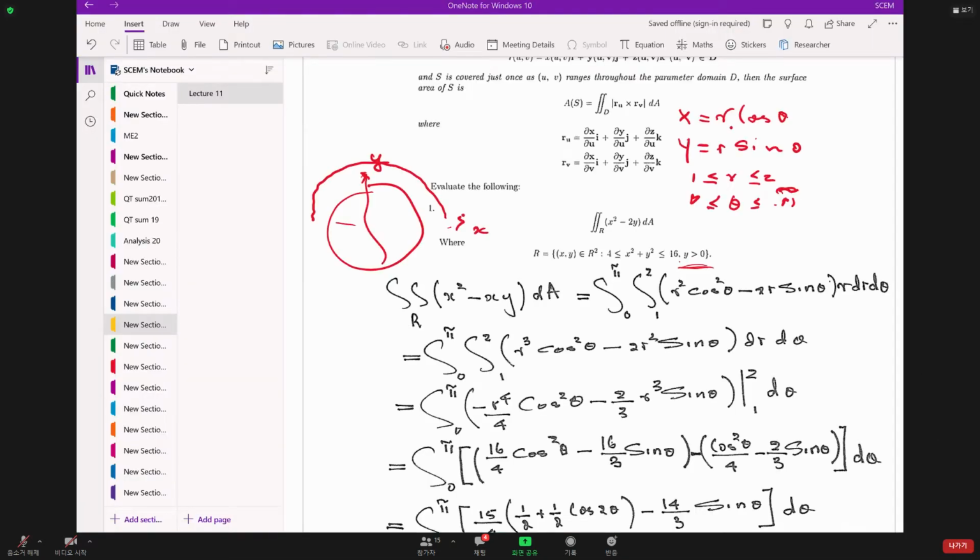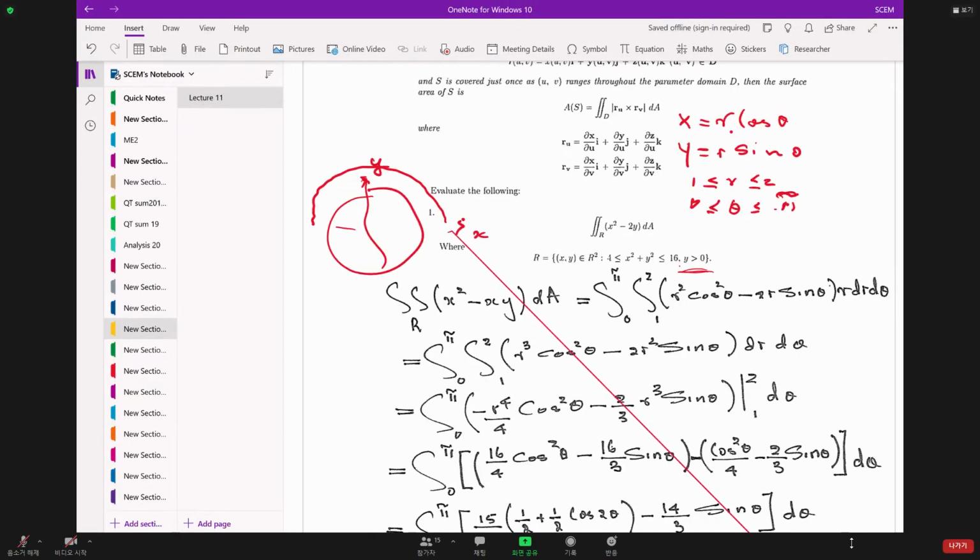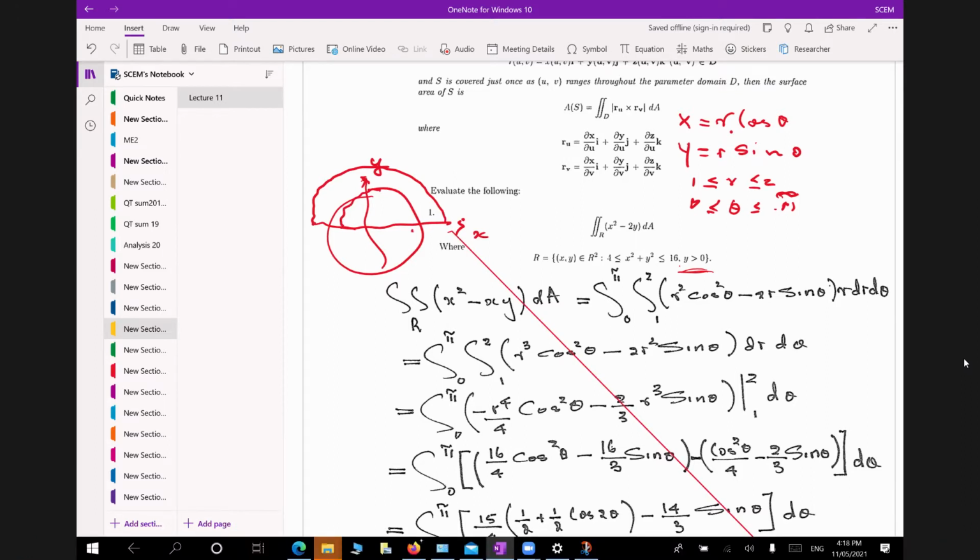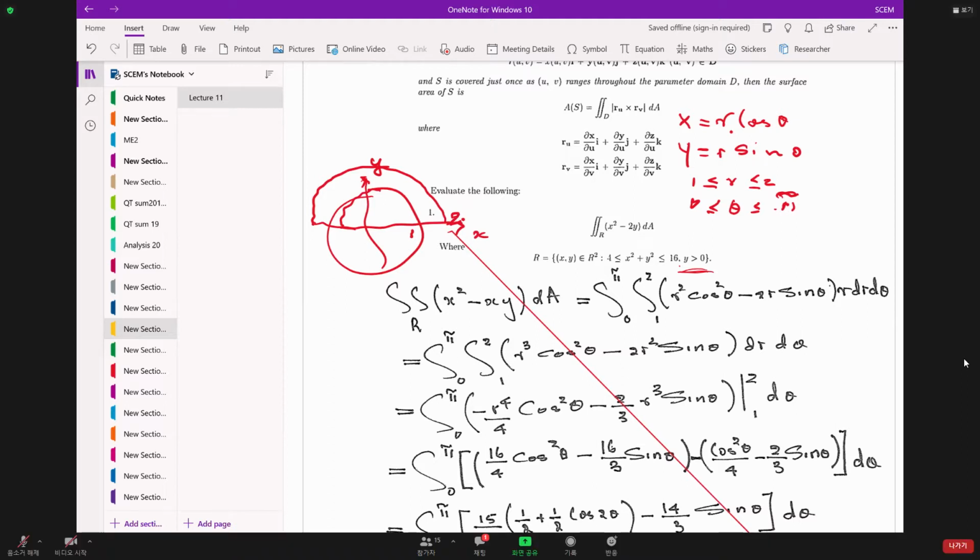You have to be careful. Radius going from 1 to 2. Radius is non-negative. So your radius goes from 1 to 2 and your theta varies from 0 to pi. Why? Because you want the region y greater than 0.